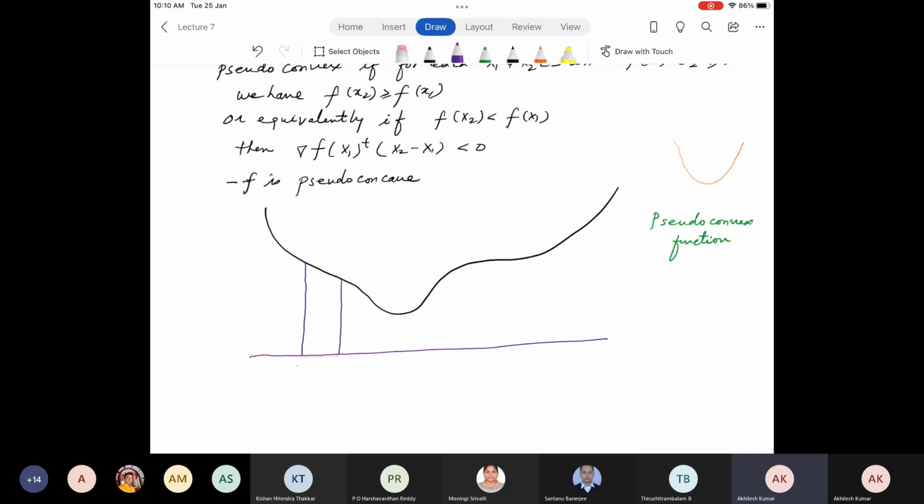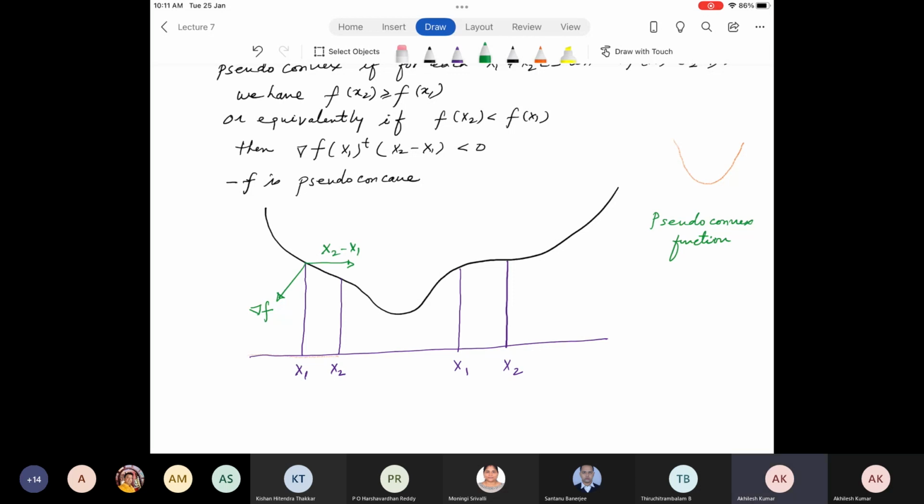Suppose I take 2 points. This is my x1, this is my x2. If I draw the del f function here, the gradient function, it would look something like this, and x2 minus x1 is in this direction.